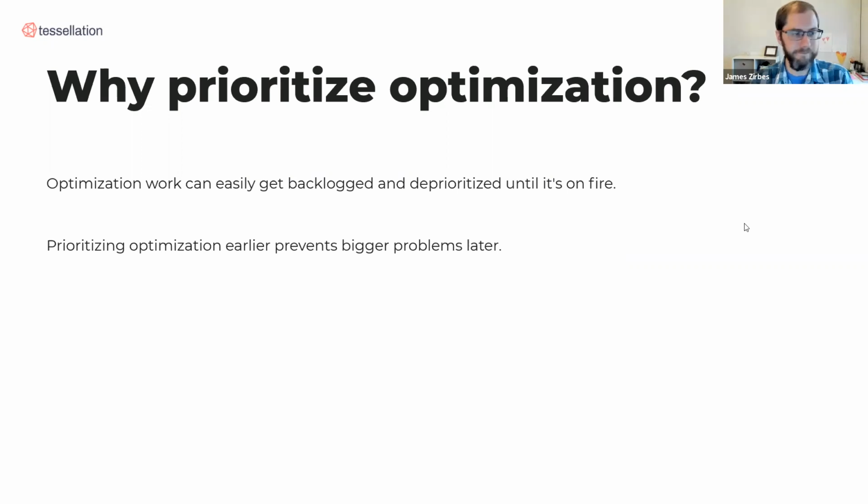By prioritizing it, we can prevent bigger problems later on. By doing that earlier and then on a regular basis as we're developing, that opens up resources. It leaves us more flexible for the rest of the work in the backlog, and it prevents this from ultimately impacting your deliverables.